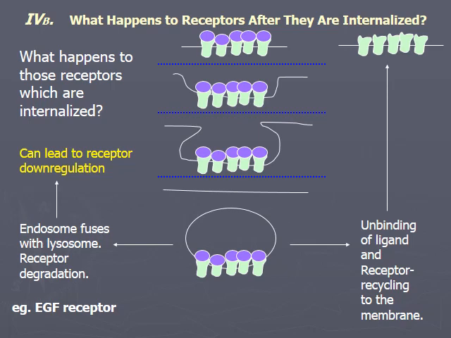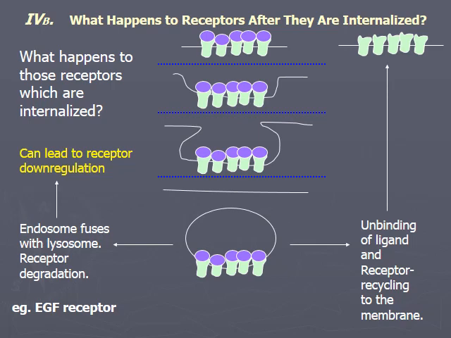Receptor downregulation, on the other hand, takes some time to overcome because you need to make new receptors. And so if I go back to the prior slide, which I won't do because it'll mess up my recording, but if you look at the prior slide, you'll see if the rate of endocytosis and degradation exceeds the rate of new synthesis, you have downregulation.